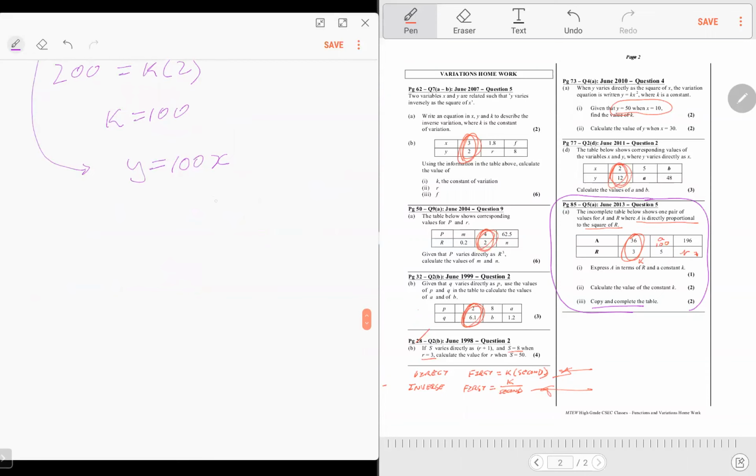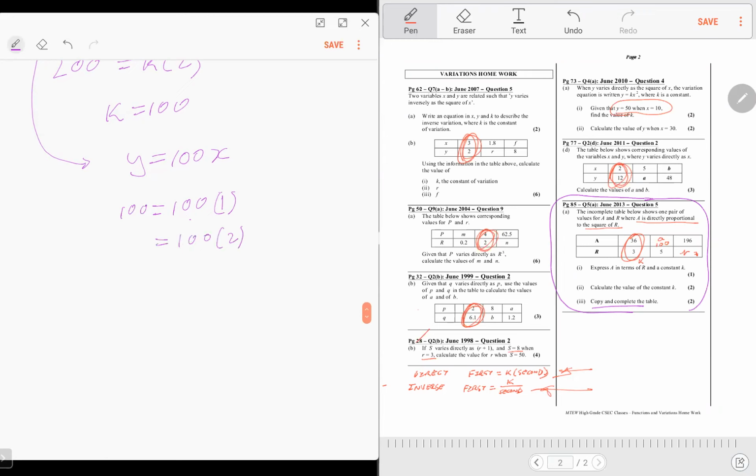Watch this now. If x equals 1, where does y equal? 100, see there? 100 times 1 is 100. If x equals 2, where does y equal? 50, sir? No, man, you're multiplying. It's 100 times x. So it's 200.